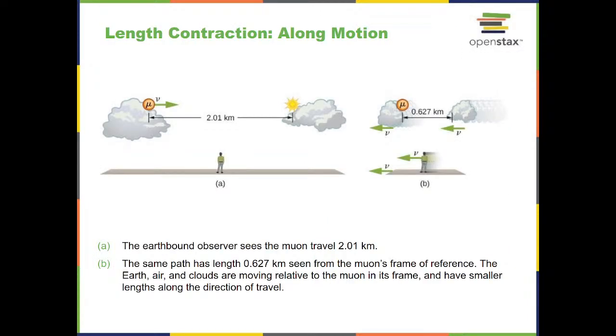The other aspect is length contraction. So this is a very closely related effect, where if we have again a muon that is moving with a velocity, it will actually appear also to have an impact on the lengths that you measure in that reference frame.